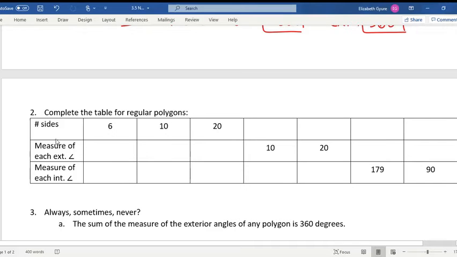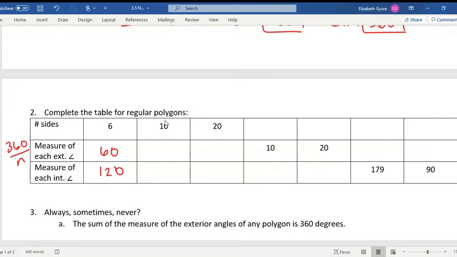So the easiest way to find the measure of each exterior angle is to take your exterior angle sum, which is 360, and divide that by your number of sides, which is n. So if your number of sides is 6, 360 divided by 6 is 60. Then your interior and exterior are supplementary, so 180 minus 60 is 120.